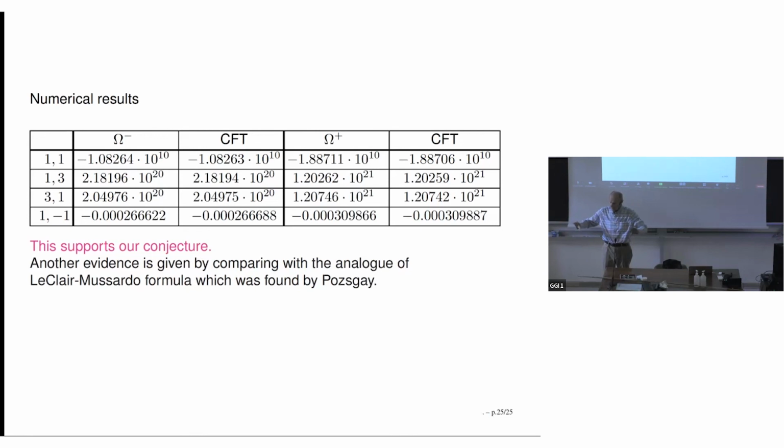I have a cylinder and I have one insertion, and I consider fields which behave around this insertion as in the real world, the same thing. Of course, it was computed long ago, and of course everything coincides, so that's fine.